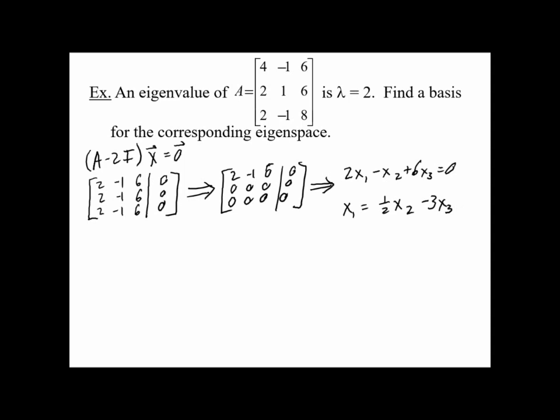And so my solution here is 1 half x2 minus 3x3, and then just x2 and just x3. So this is equal to 1 half, 1, 0 times x2, and then negative 3, 0, 1 times x3.